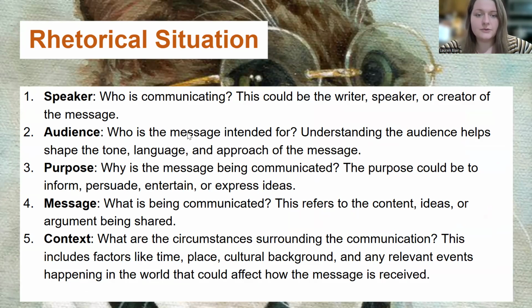We have the audience or who the message is intended for, the purpose or why the message is being communicated, the message or the communication itself, the content, ideas, or argument being shared. And then we have the context or the greater circumstances surrounding the communication, which includes time, place, cultural background, and all the relevant events happening in the world that might impact the way the message is received.